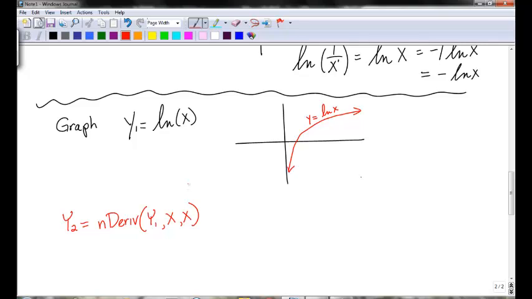So go to y sub 2, math 8 for the numerical derivative, and then the vars key, right arrow over to y variables function, pick up y sub 1 comma x comma x. Turn that first one off so you can see what the derivative graph looks like. What's the derivative graph for the natural log of x?